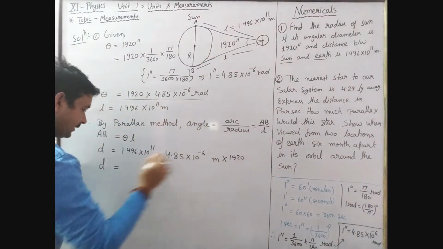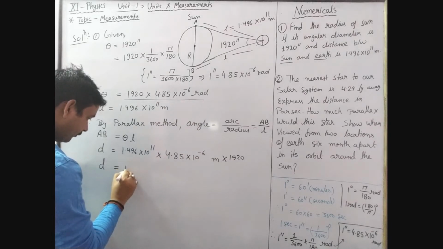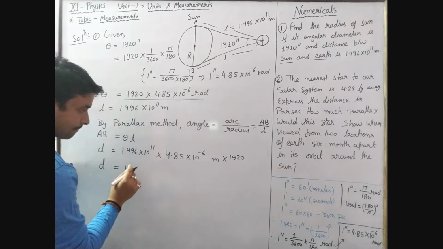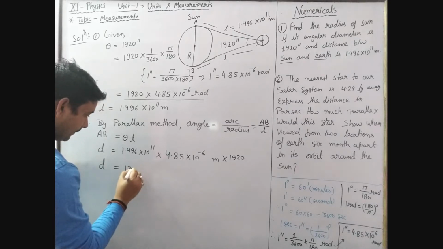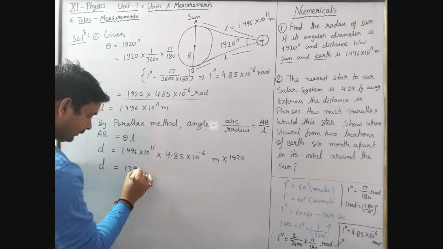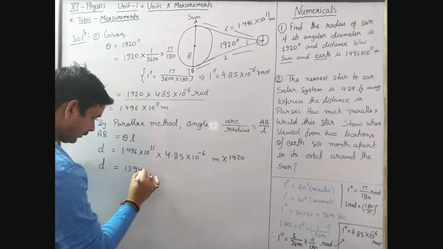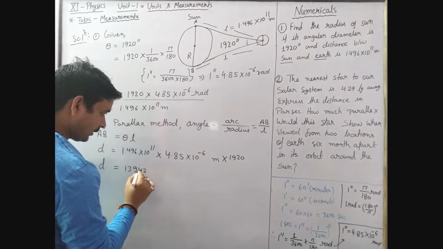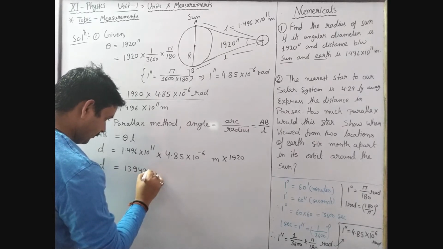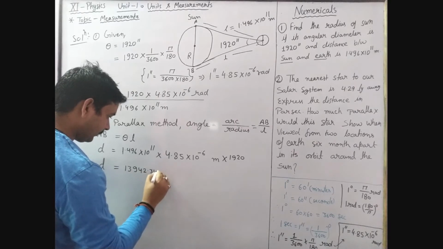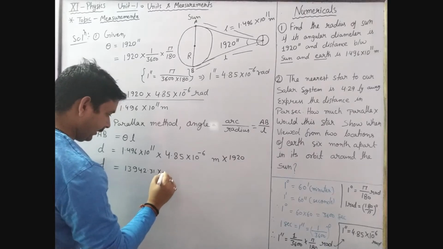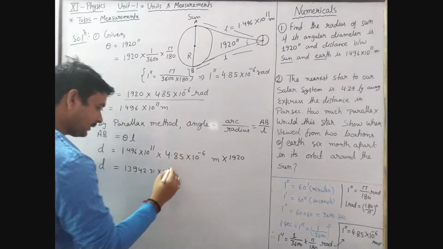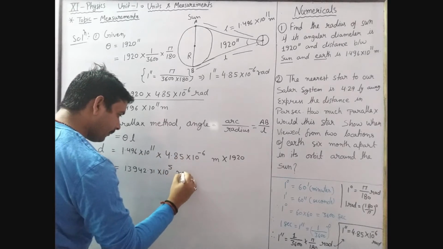When we solve this result, we get 1,942.31 into 10 to the power 11 minus 6, which is 5 meter.